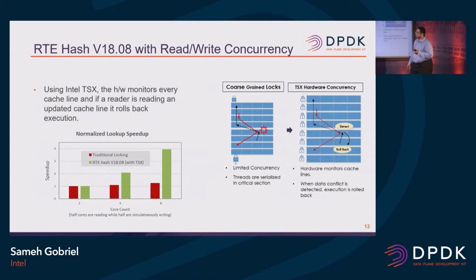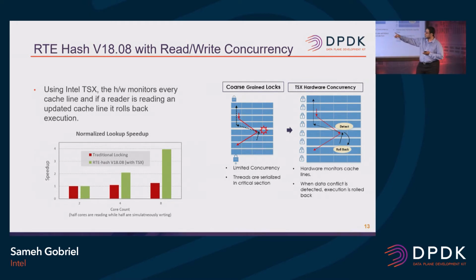And this is the kind of result we get when we apply the 18.08 patch with TSX for the RTE hash. The x-axis is the number of cores reading and writing. The red line is the traditional way of doing things, which is with big locks, and the green line is with this patch.